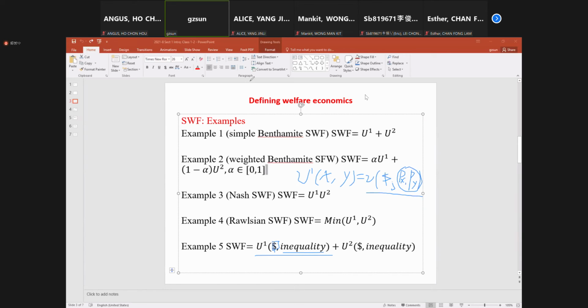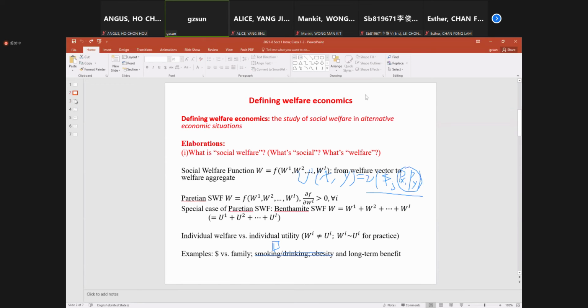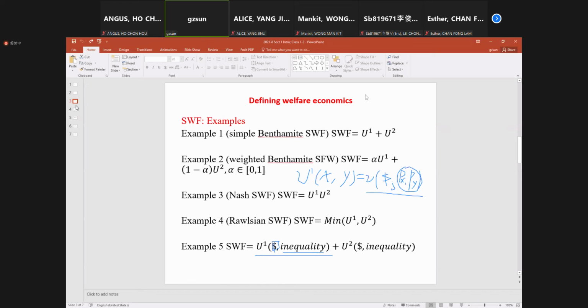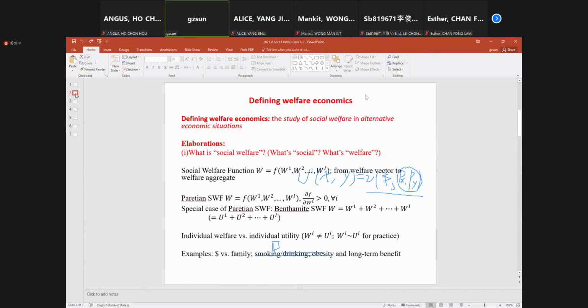And so therefore, let me continue. This is about this part. We spend a lot of time to elaborate and clarify what we mean by social welfare.